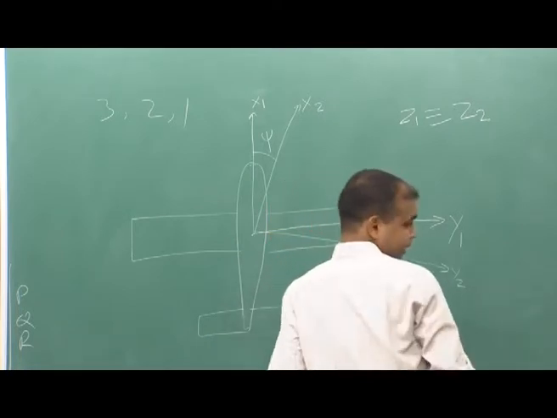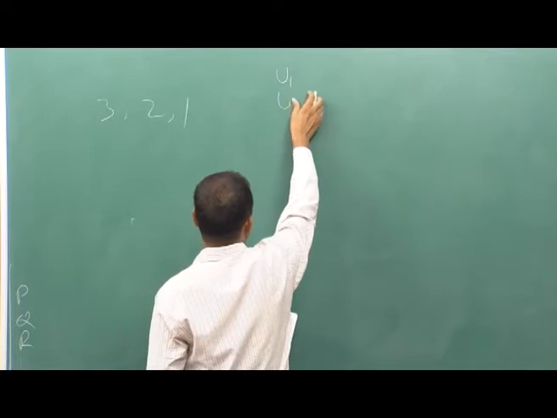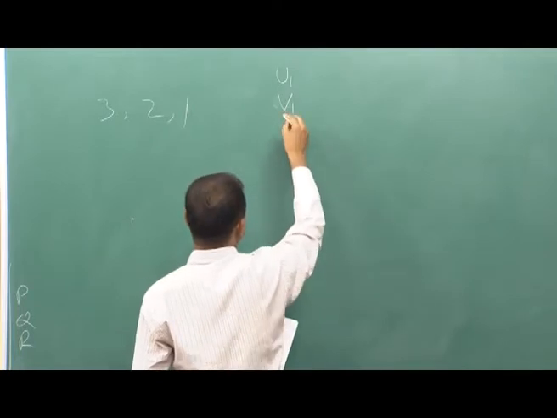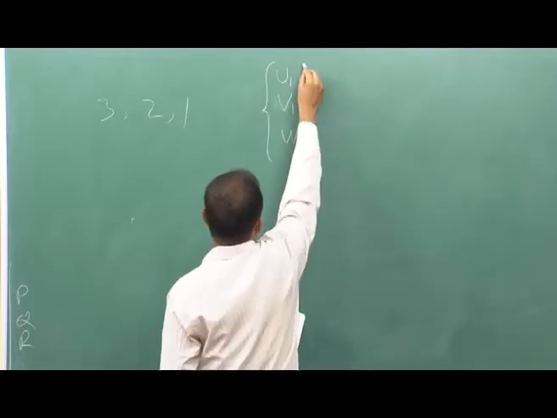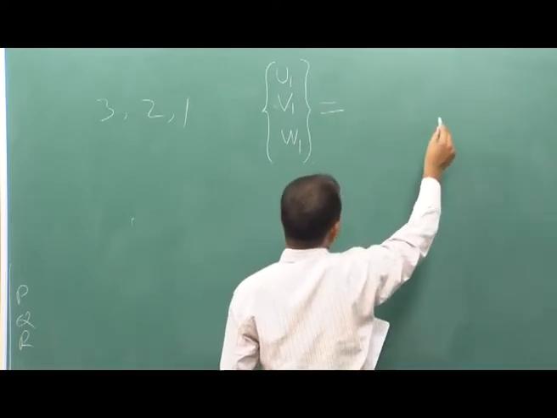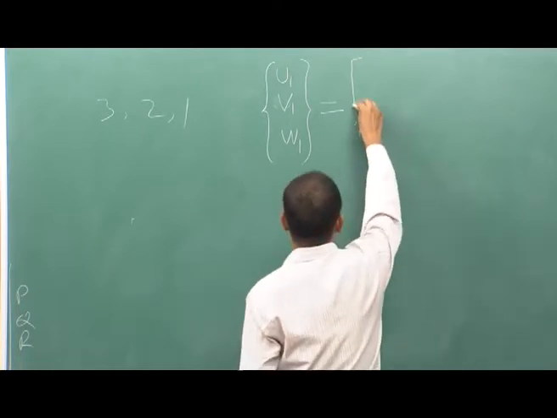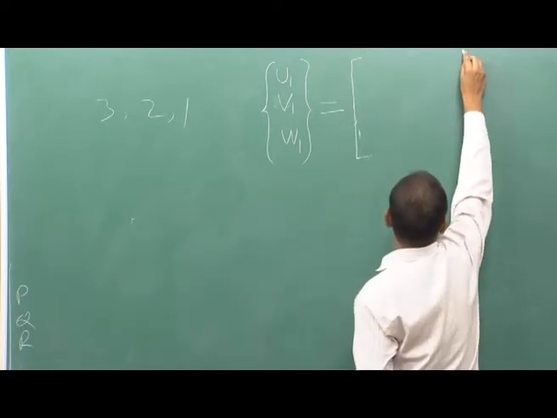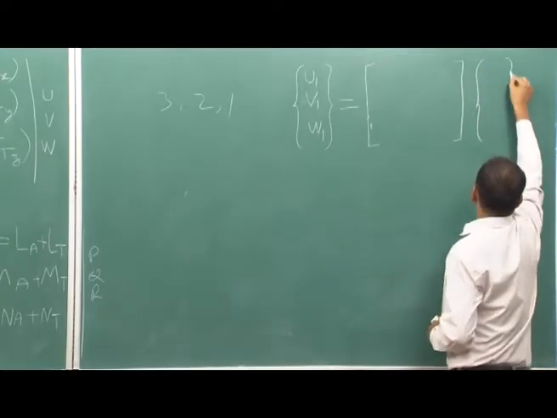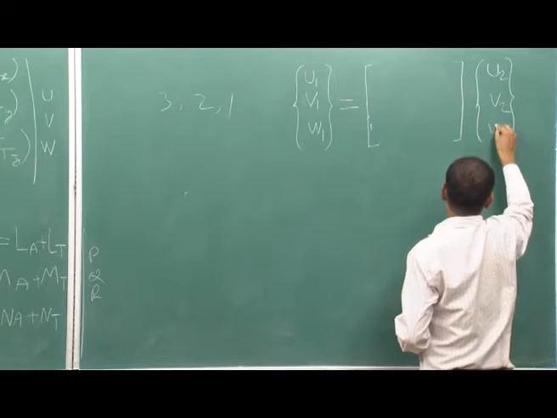We can write this rotation in matrix form. Suppose our velocity components in the inertial frame are u1, v1 and w1, and after the psi rotation it becomes u2, v2 and w2.